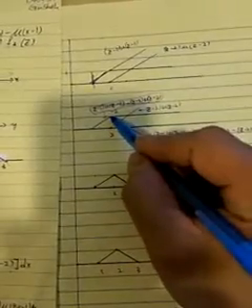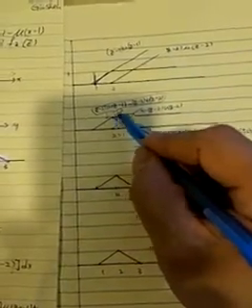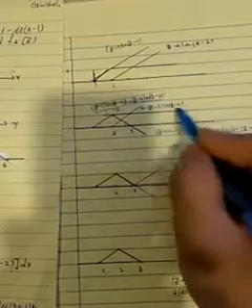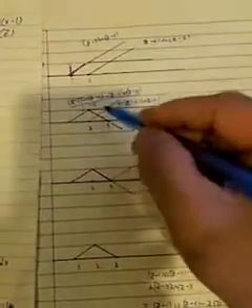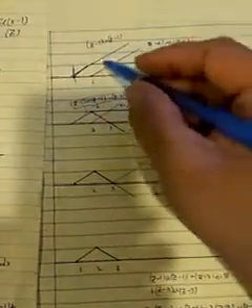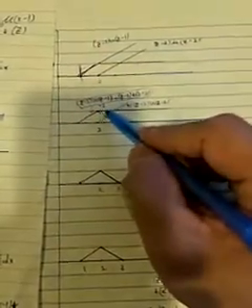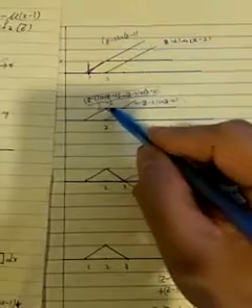At this moment it still goes up, so we need to subtract another one to make the whole shape go down, and it becomes flat.